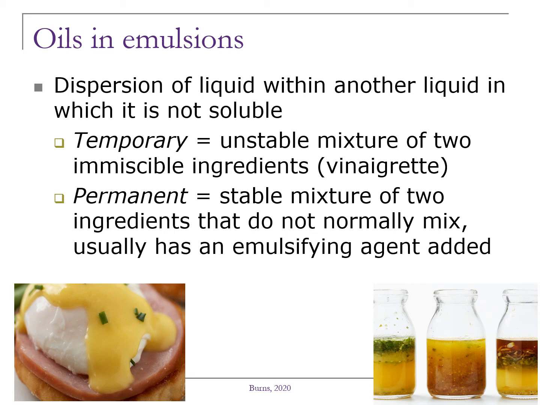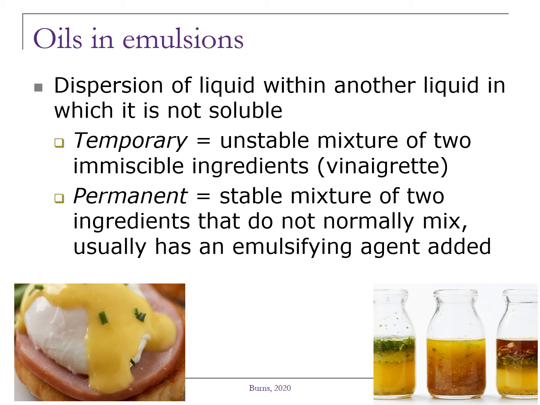Then, if you let them sit, the 2 will separate out again. An example of this would be the vinaigrettes that you have located there on the bottom of the slide. When you shake them together, all those ingredients mix, but then as you let the vinaigrette sit on the table for a while, those ingredients will separate out.